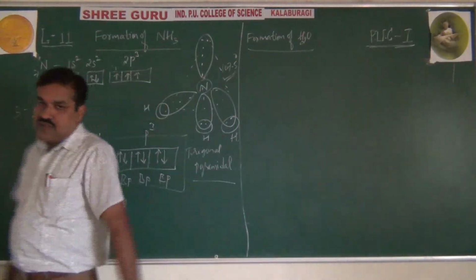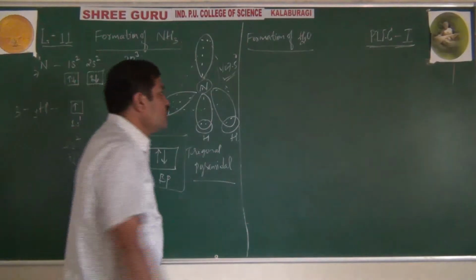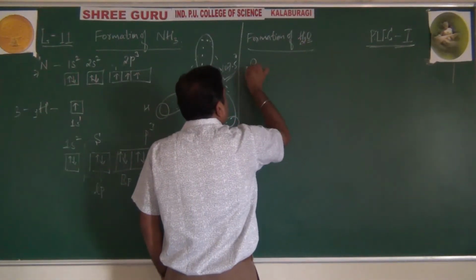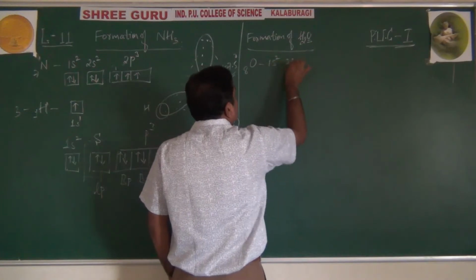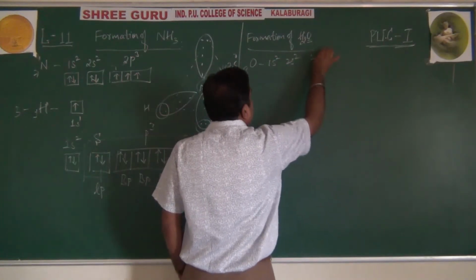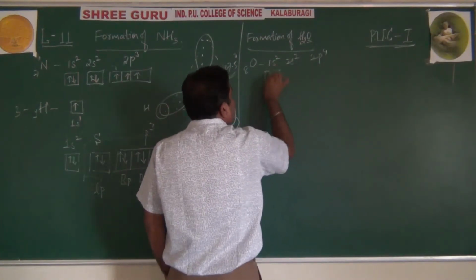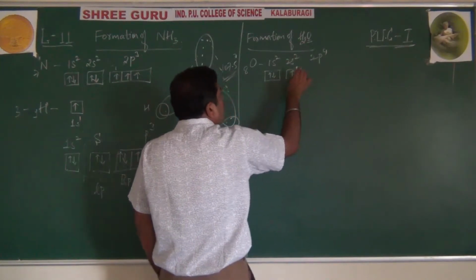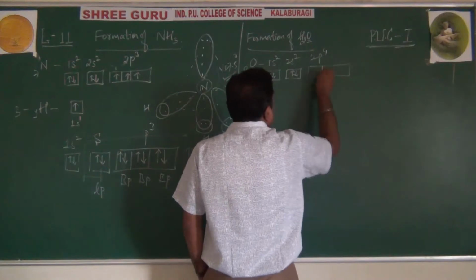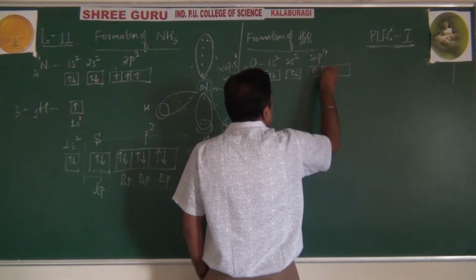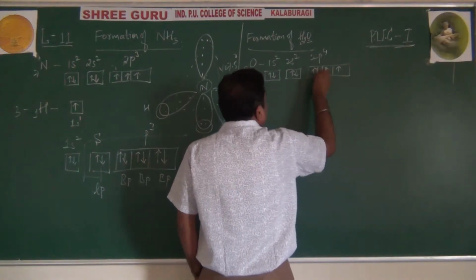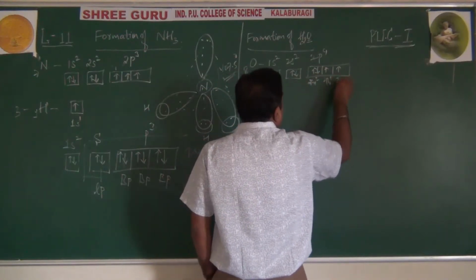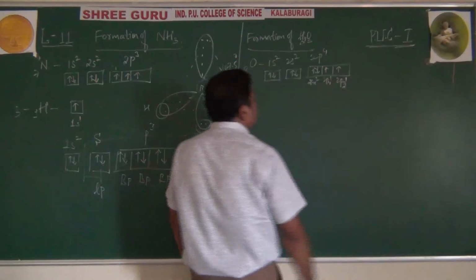Like this, you can also understand water. In water, the central atom is oxygen. Oxygen has the configuration 1s2, 2s2, 2p4. 2p4 you can write as 2px2, 2py1, 2pz1, so 2 unpaired electrons.